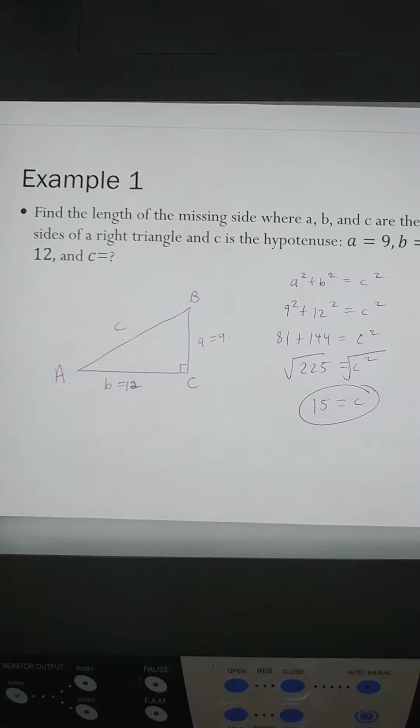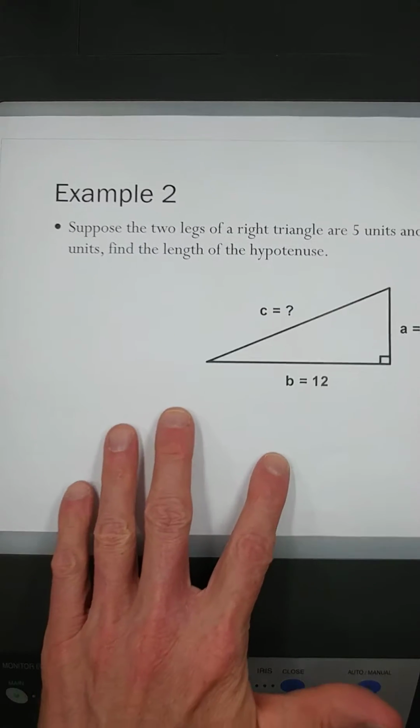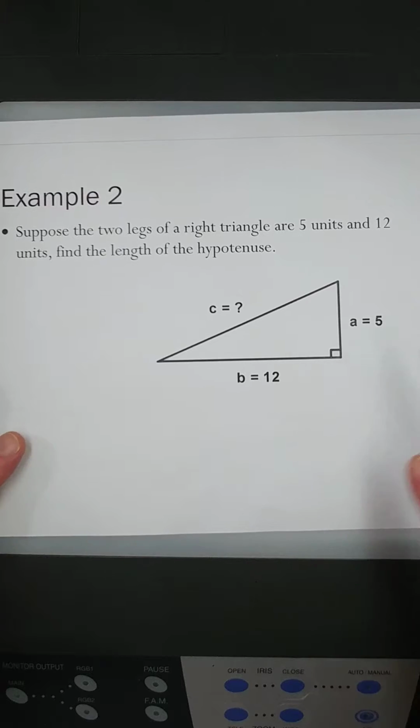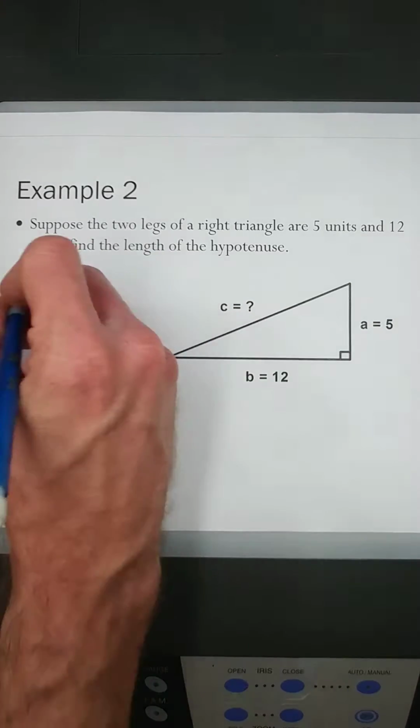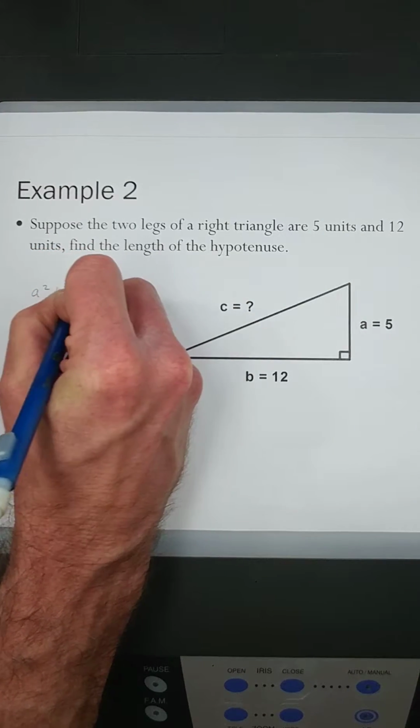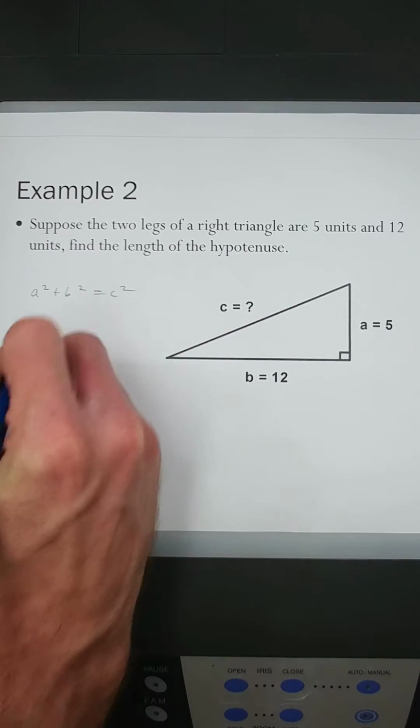Let's do another example where the legs are 5 and 12 units and the hypotenuse, again, is the missing side. So again, we go a squared plus b squared is c squared.